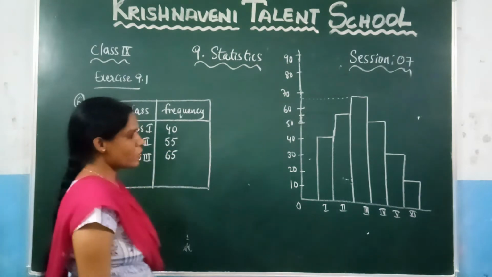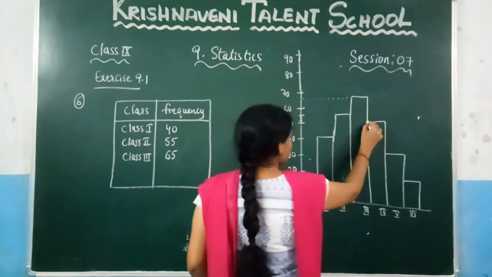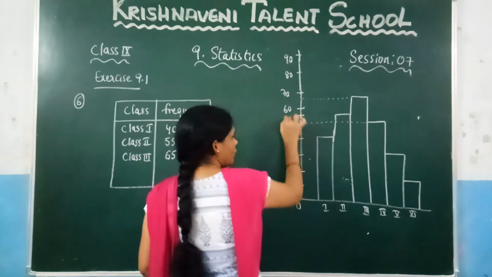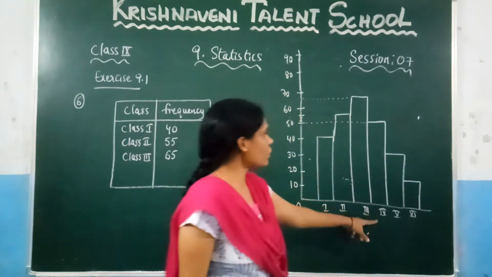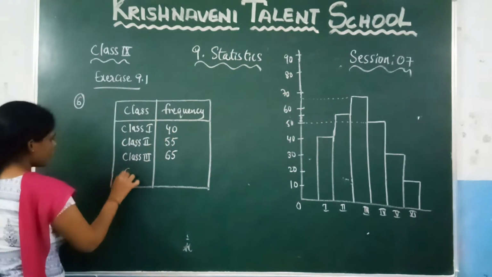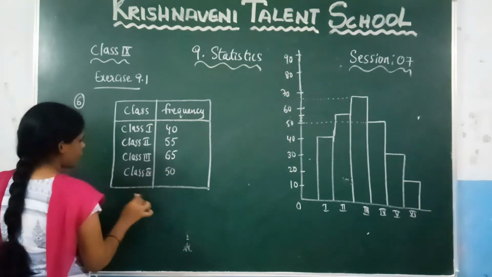Now let us see how many students are there in class 4. If you check here, you can observe that 50 is there. So in class 4, 50 students are there. Write it here.